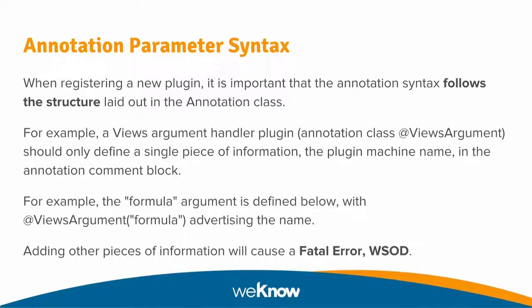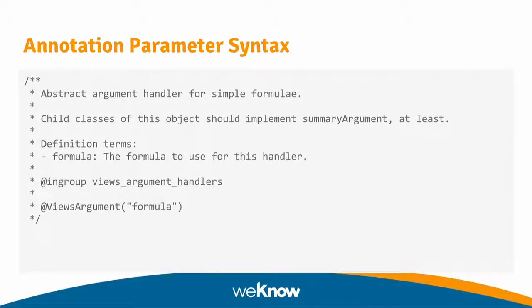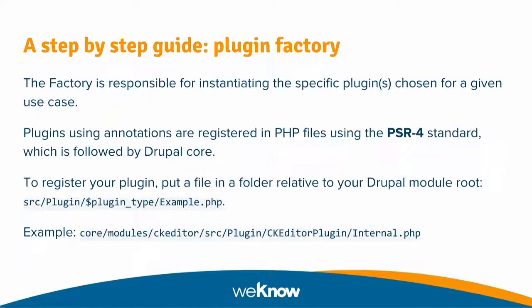You're going to get a white screen of death. So the only important thing is, when you're copying that base plugin, when you're extending it, make sure you have the same parameters in the annotations. Like I said, it's not just arbitrary comments. It serves a purpose. That's the formula.